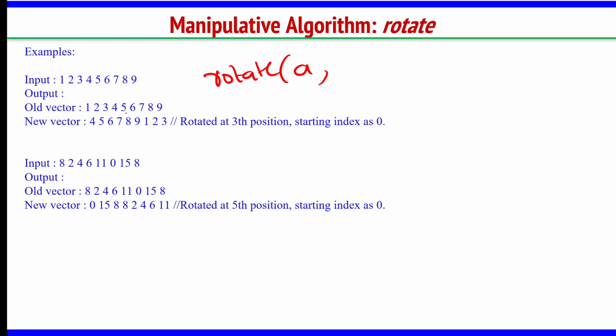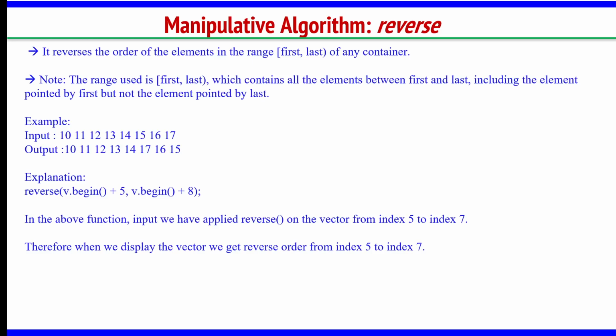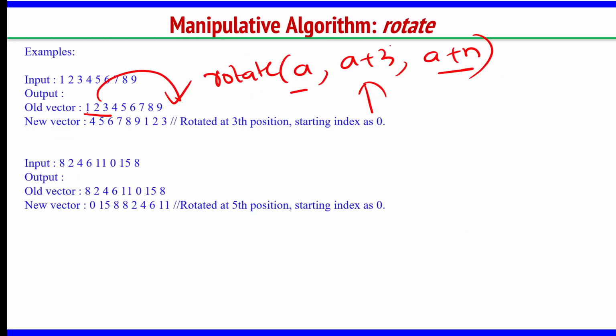I want to rotate the first 3 to the right, so A plus 3, comma A plus n, the beginning, the middle and the end. The middle points to the element within the range that is moved to the first position in the range. The number you give here, A plus 3, will be moved to the first position. In the same way everything comes to the front and these 3 go back.